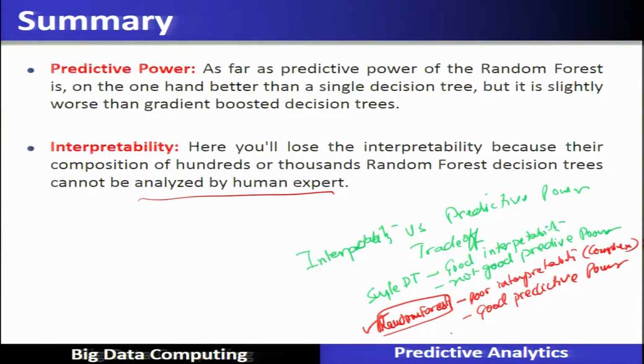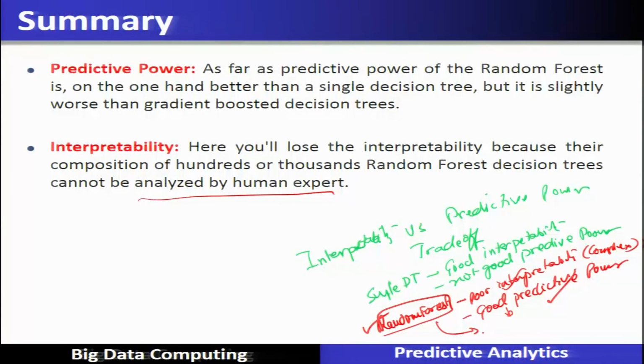But there is another better scheme as far as predictive power is concerned, because random forest has already lost its good interpretability. So, let us see how well we can do the prediction.